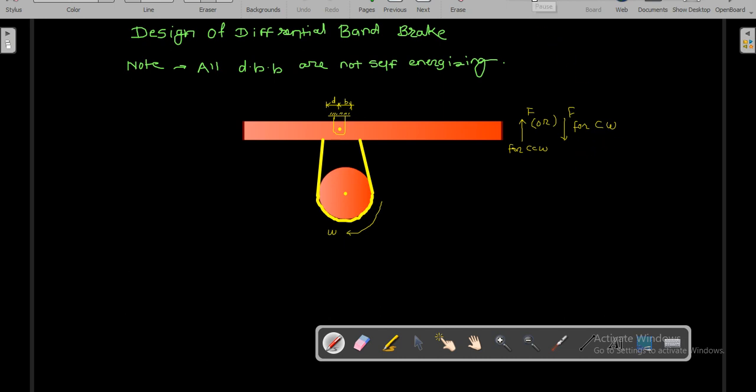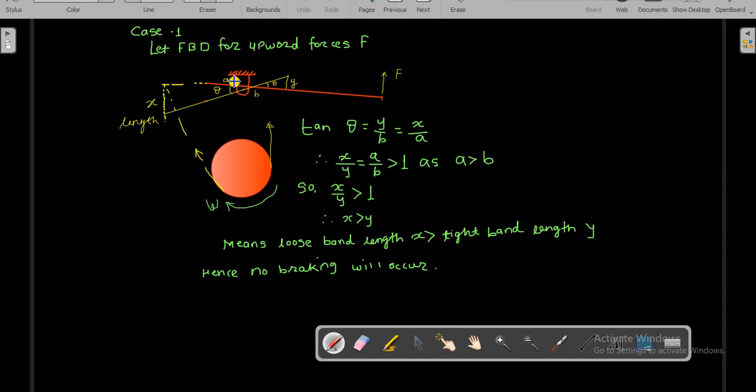we will see. Let us say this distance A represents the distance of the tension from the fulcrum. Let us say this is tension, any tension T1 or T2.